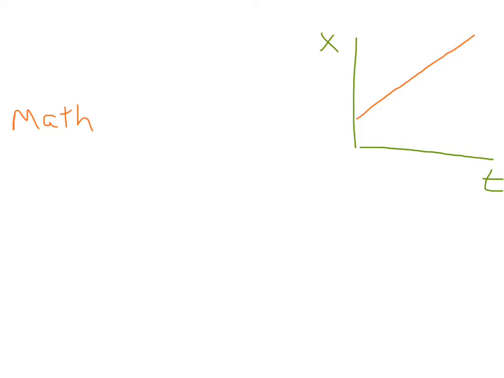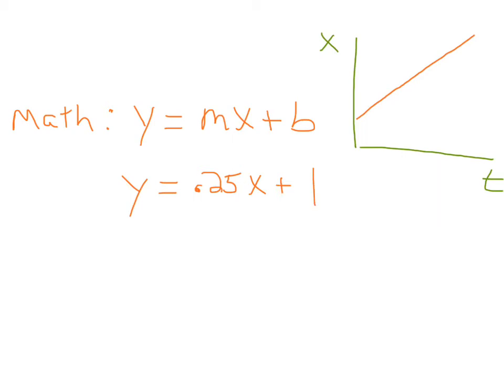In math class, since this is linear, we would say that this has an equation of y equals mx plus b. And if we look at this from the standpoint of your data, you may have come up with something like y equals 0.25x plus, let's just use 1 for now.